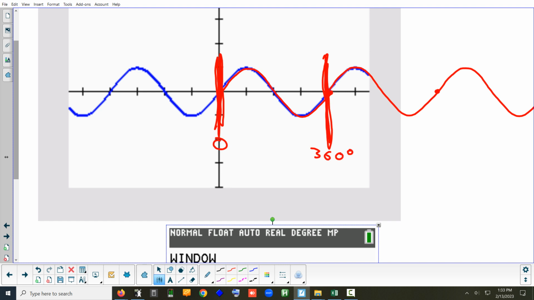So this is 0. This is 360 degrees. Once you travel through 360 degrees on this graph, you're going to see the same patterns you just saw repeated again. Or if we did radians, it's 0.